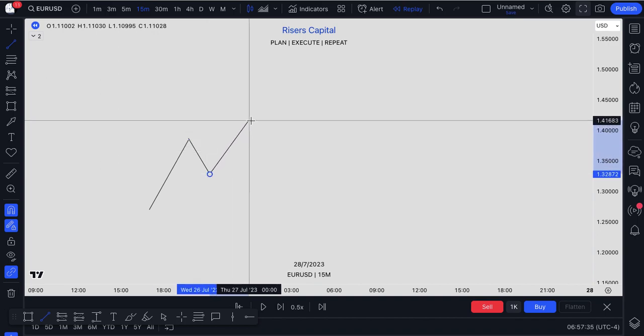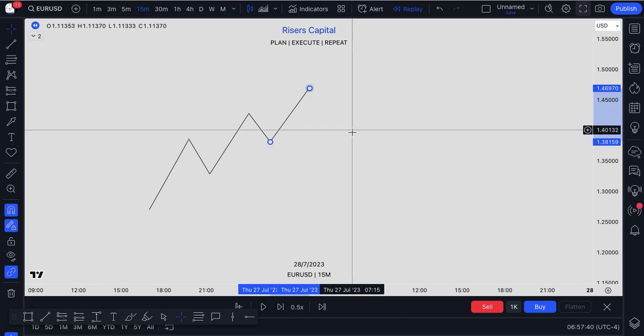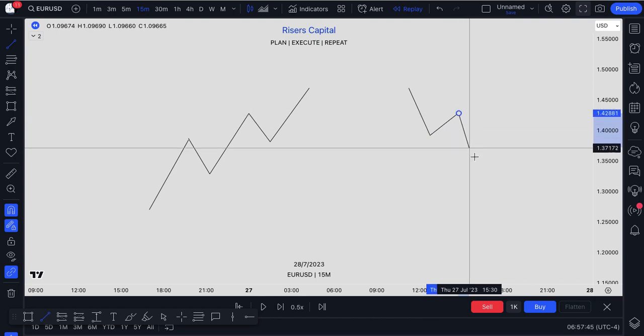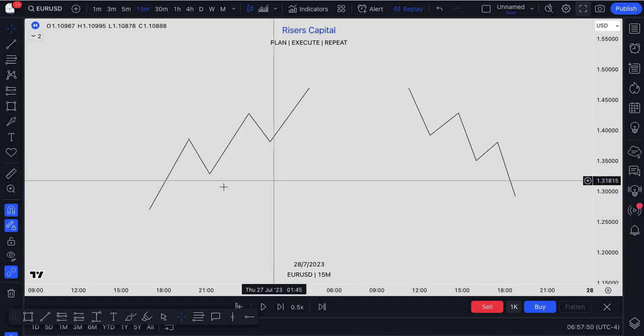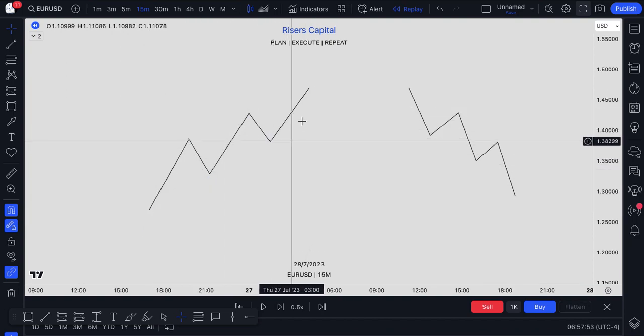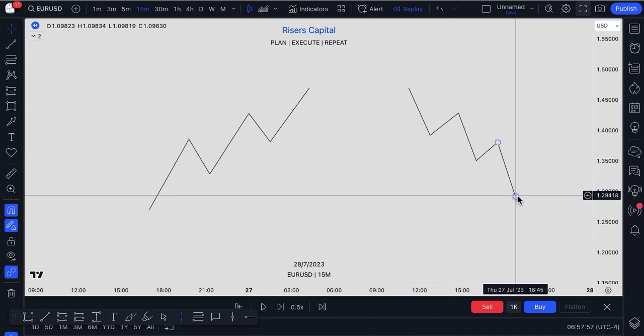Let's say we're overall bullish, right? And the market's doing something like this, okay? And overall we're bearish, so the market's doing something like this. Okay? So we've got higher highs, higher lows, higher highs, higher lows, higher highs, etc. Lower lows, lower highs, lower lows, lower highs, lower lows, etc., etc.